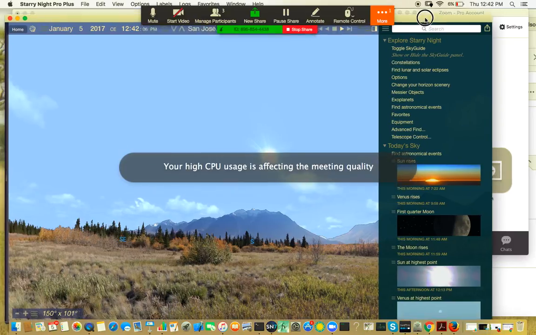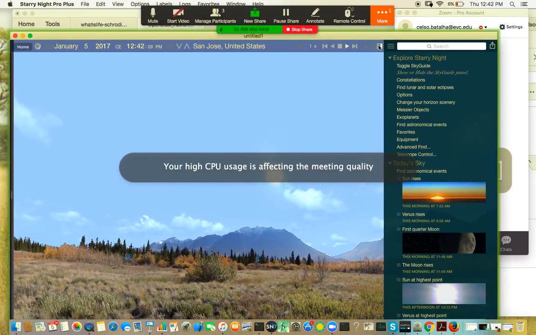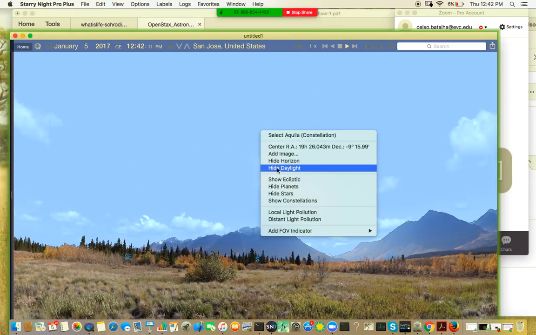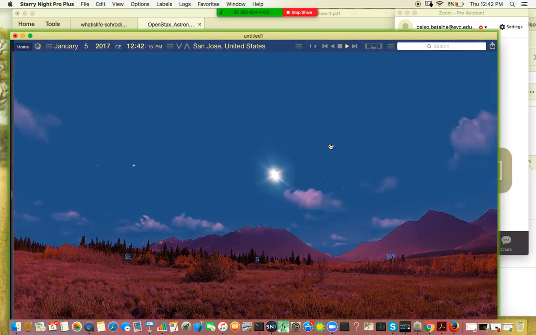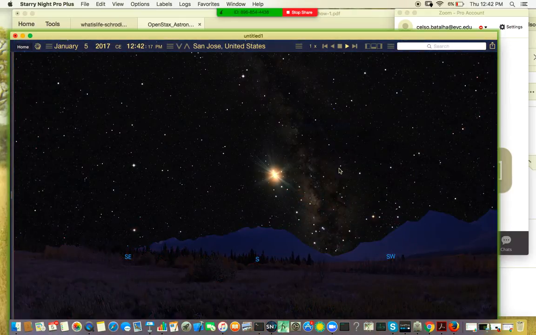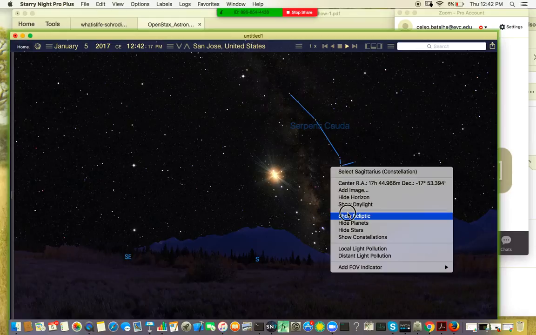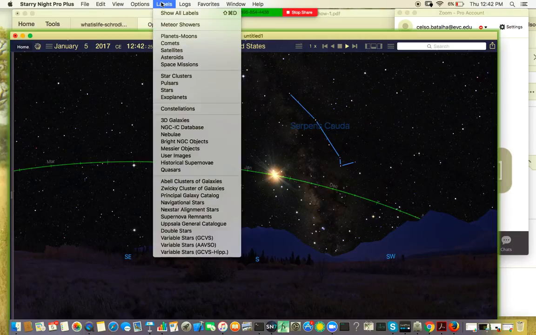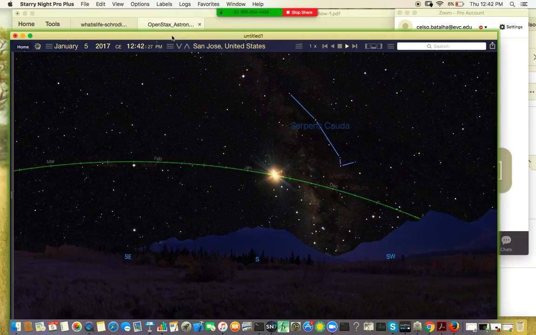Here is the Starry Night software. I'm going to hide daylight. I'm going to bring up the ecliptic. And I'm also going to label planets and moons so you know what they are.